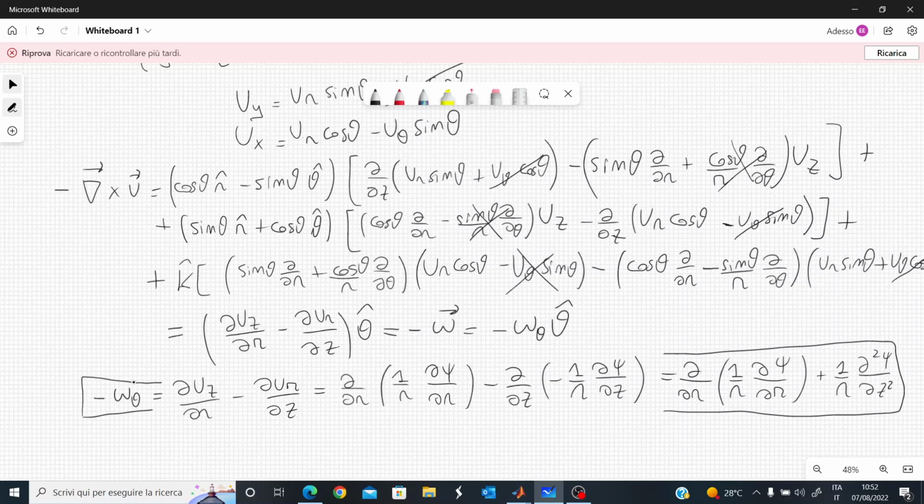And remember that we also know that the Laplacian of omega should be 0. We also have this equation.